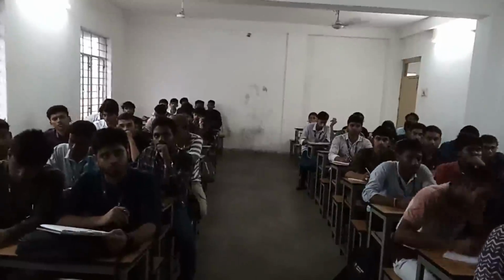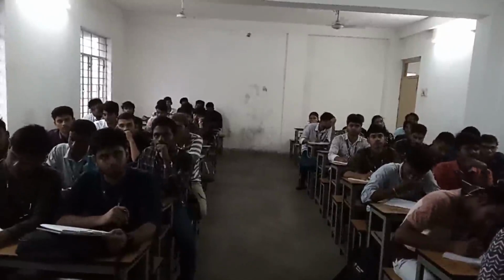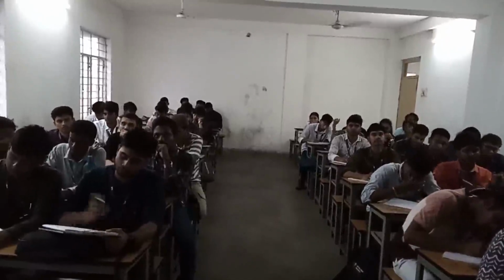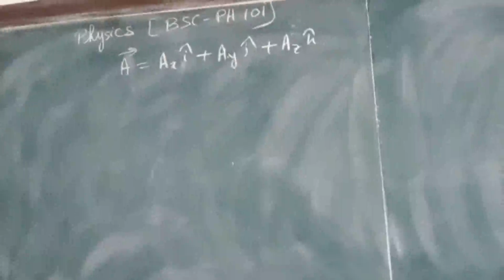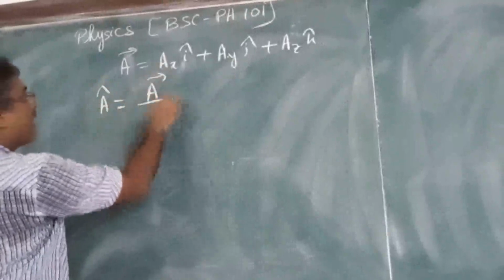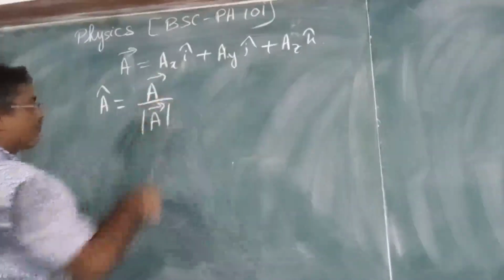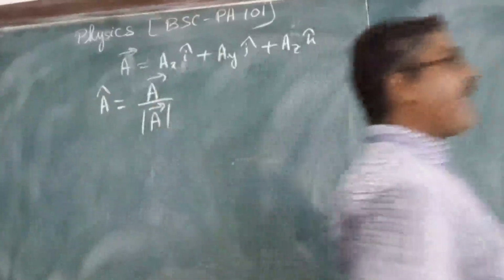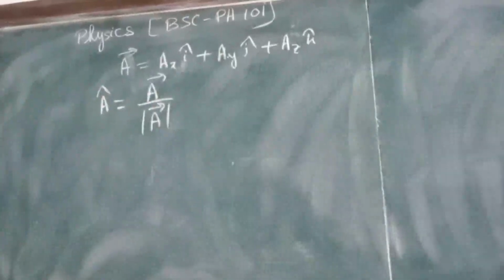That is called the unit vector. The unit vector is defined as A cap equals vector A by magnitude of A.